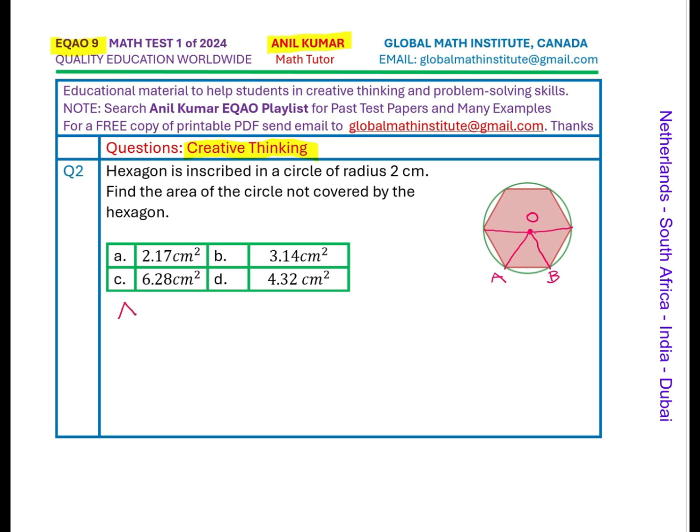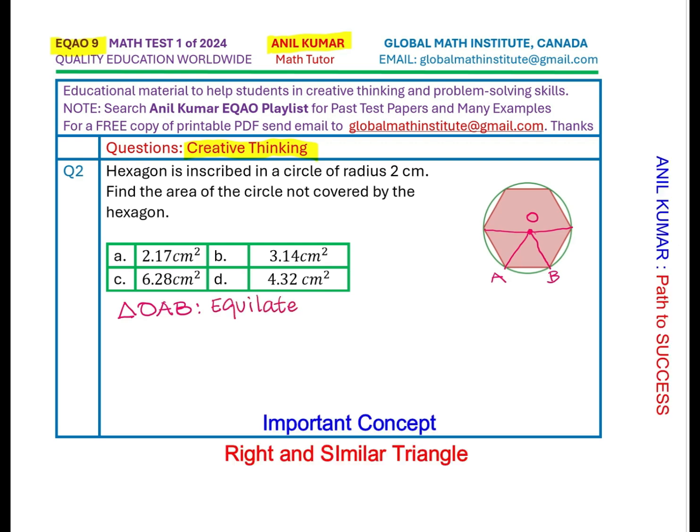And this triangle OAB is what kind of a triangle? It is equilateral triangle, right? Perfect. Each side, as you know, will be equal and equal to 60 degrees, correct? So we have an equilateral triangle.